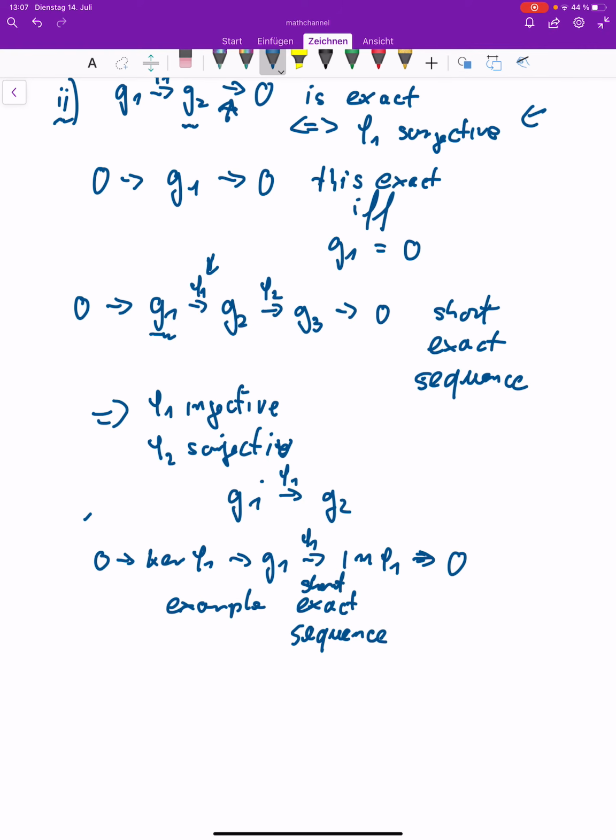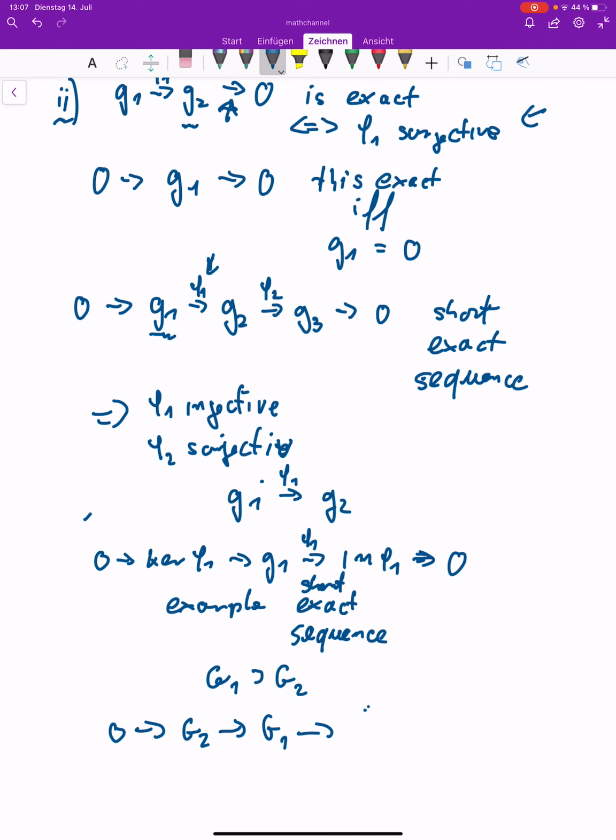If you take the group G1, and you take a subgroup G2 of G1, so now you do the following: you inject the subgroup G2 into G1, and then you go mod G2.